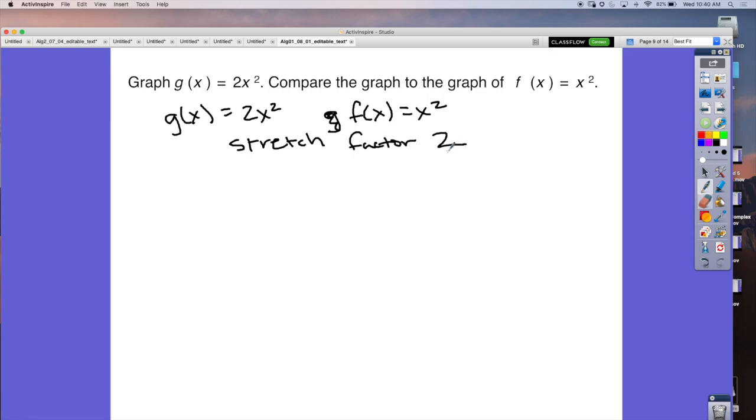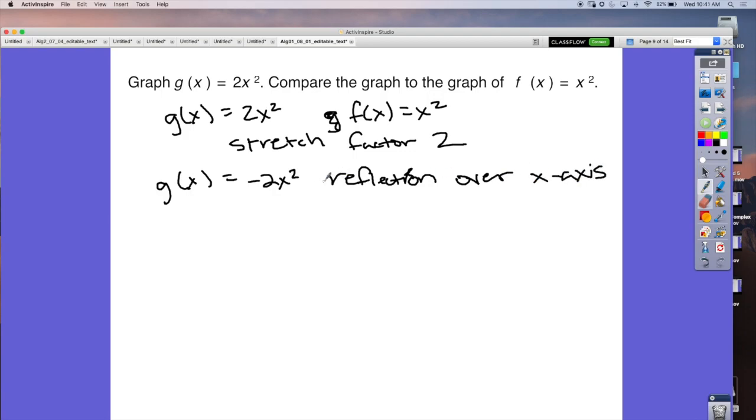If it's -2, is it still 2 or is it -2? Good question. If it were, let's say g of x, if it were -2x squared, here's what you would say. You would say it's a reflection over the x-axis.